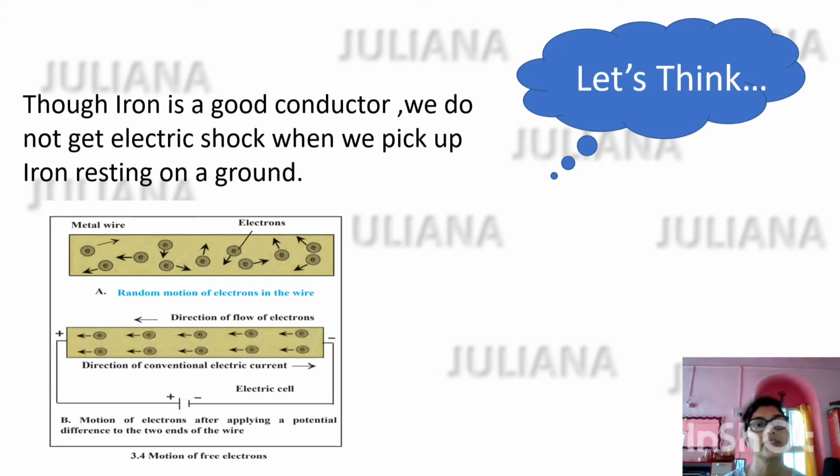And that happens, look at the second picture here, only when you connect it to a cell. So when it is connected to a cell, positive and negative terminal, electrons start flowing from the negative terminal to the positive terminal, and as electrons flow from negative terminal to positive terminal, electric current is generated, and it flows from positive terminal to negative terminal as conventionally stated.